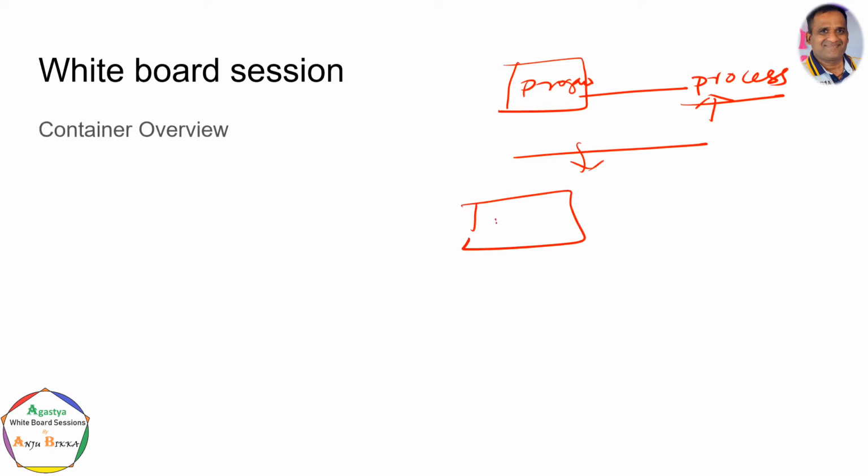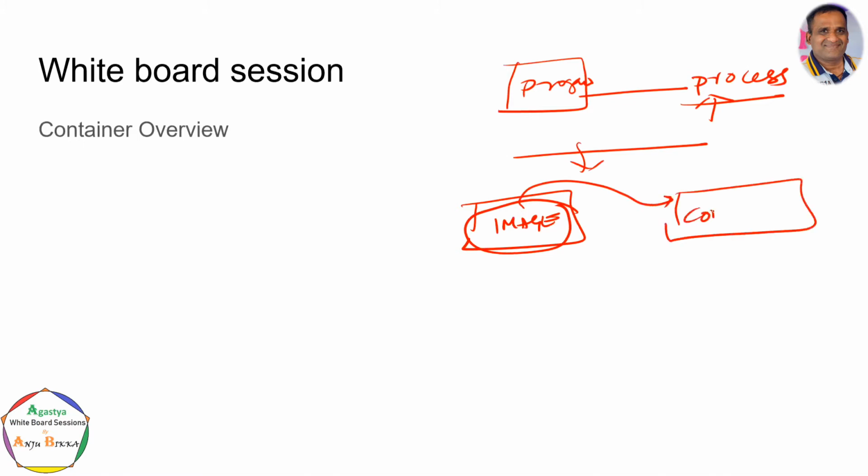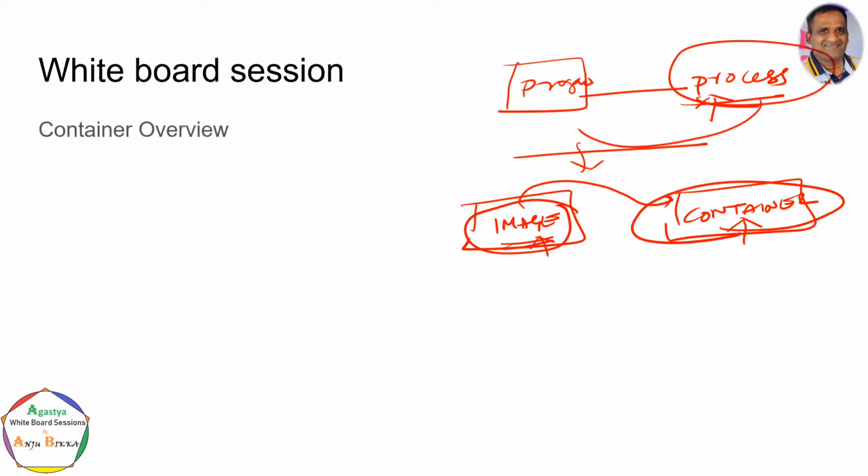When we have a Docker image, by using the Docker image we are going to start a container. A container is nothing but a running instance of an image, like a process is nothing but a program which is under execution. The same way, a container is a running instance of an image.